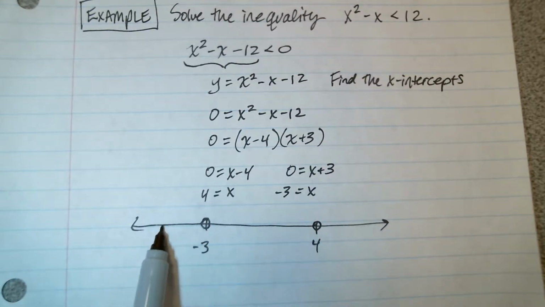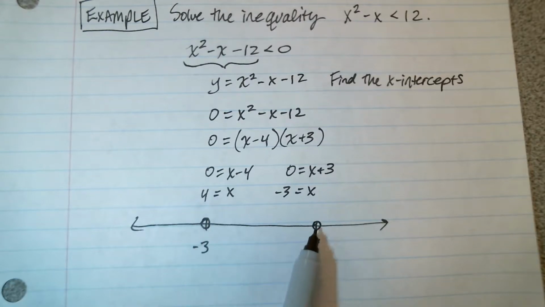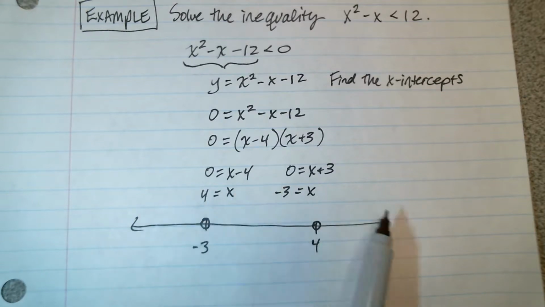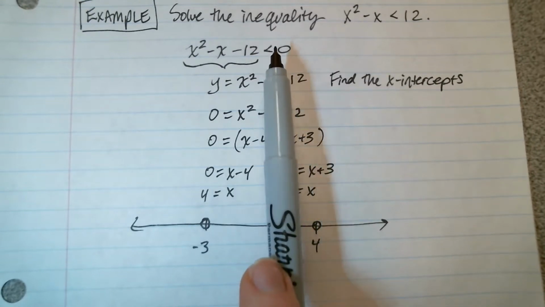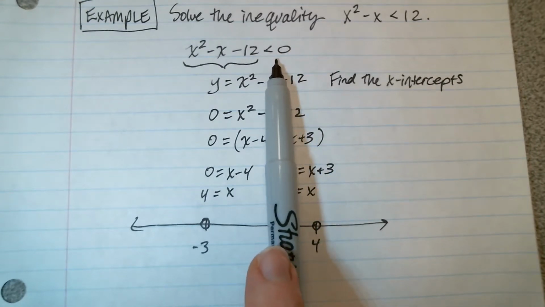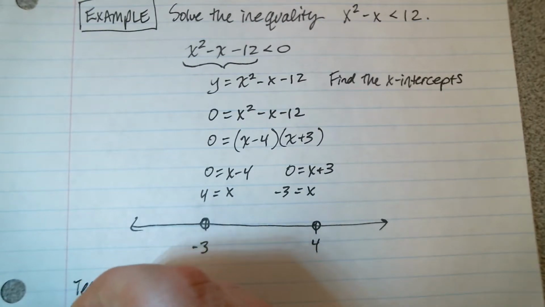So my polynomial is either above or below here, above or below here, above or below here. All I need to do, and it crosses right here, is test a point from each of these 3 regions to determine where it's above and where it's below. And because this problem is focused on less than, I really want the areas where it's below. So we're going to test some points.